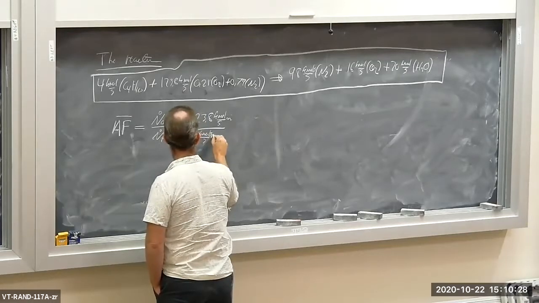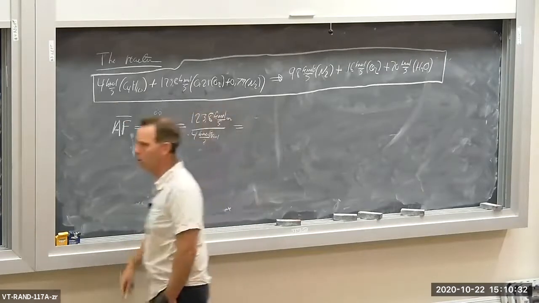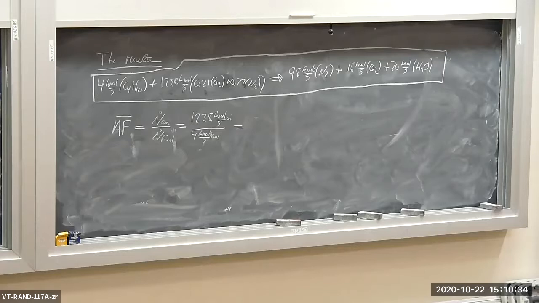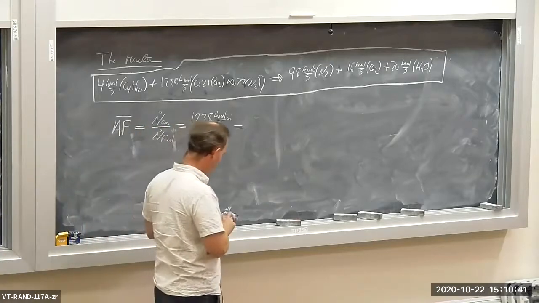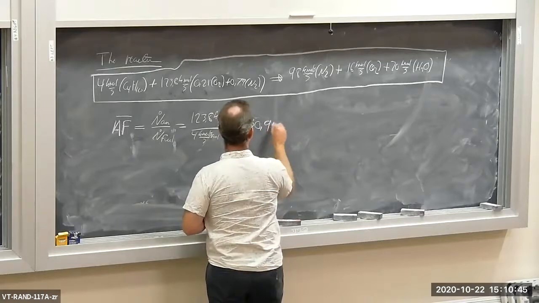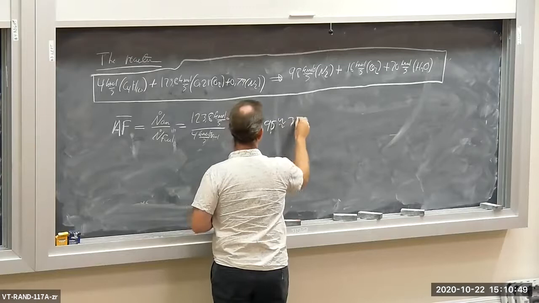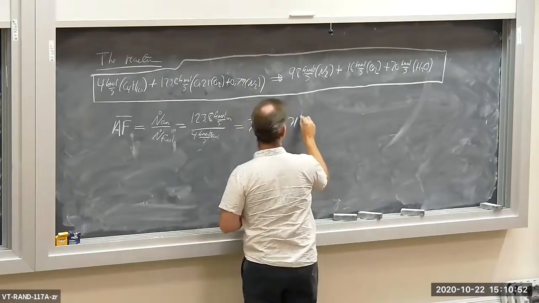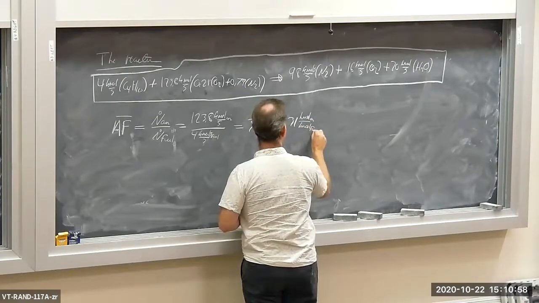So 123.8 divided by 4, and I get 30.9195, which is approximately equal to 31 kilomole air per kilomole fuel.